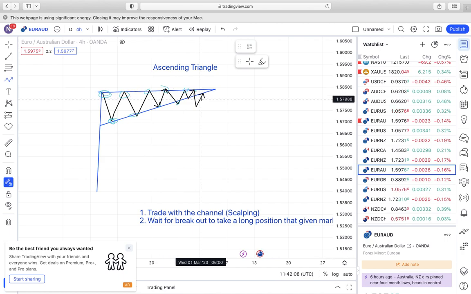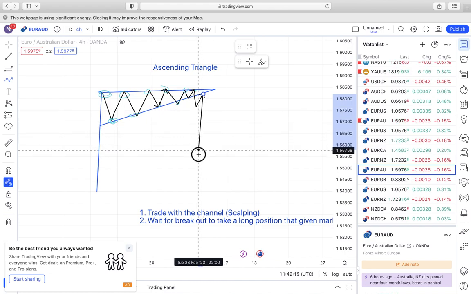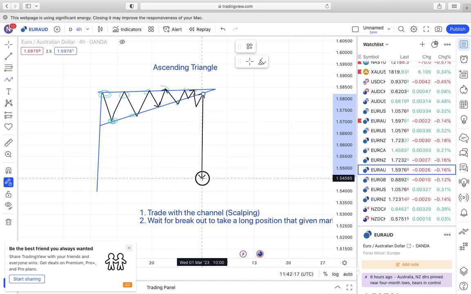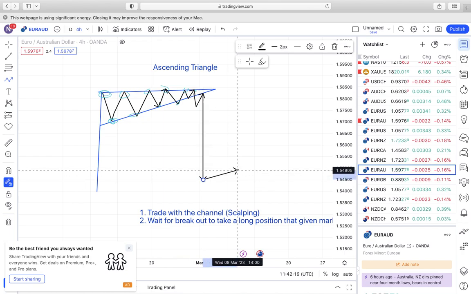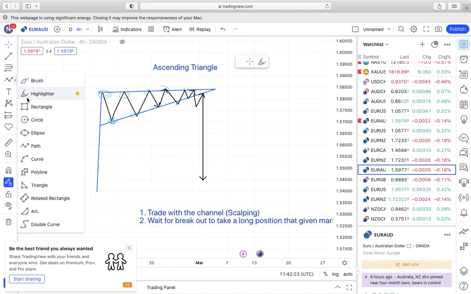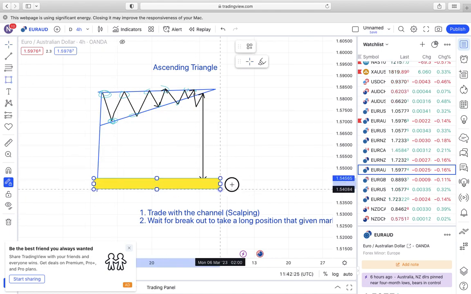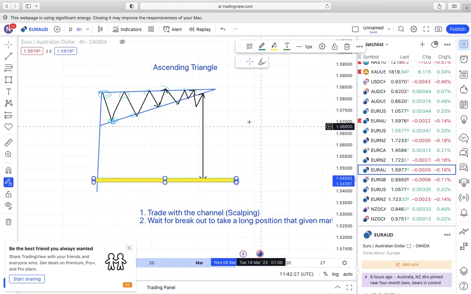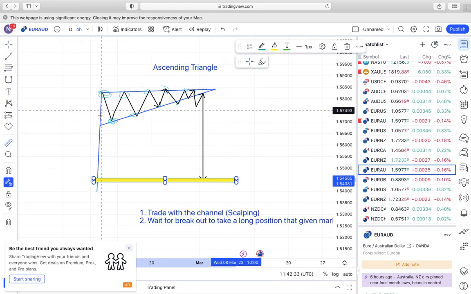After the structure has been retested, you wait for a long position. You enter a long position up to the next support or the previous support. Let me say the previous support was here. You take a long position up to the previous support, but some people will take it this way.